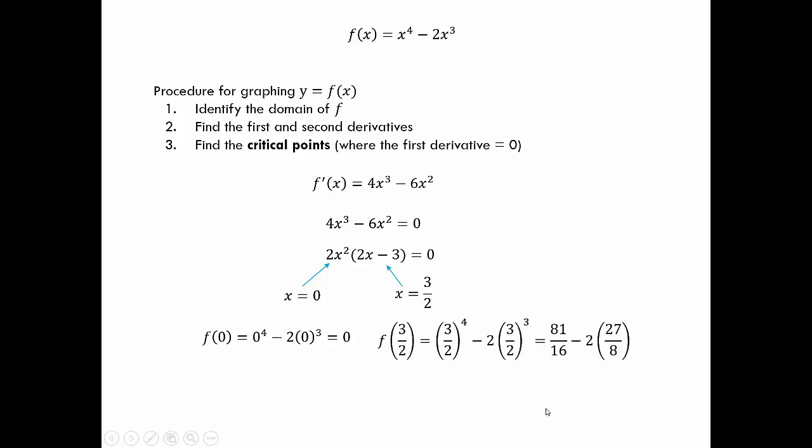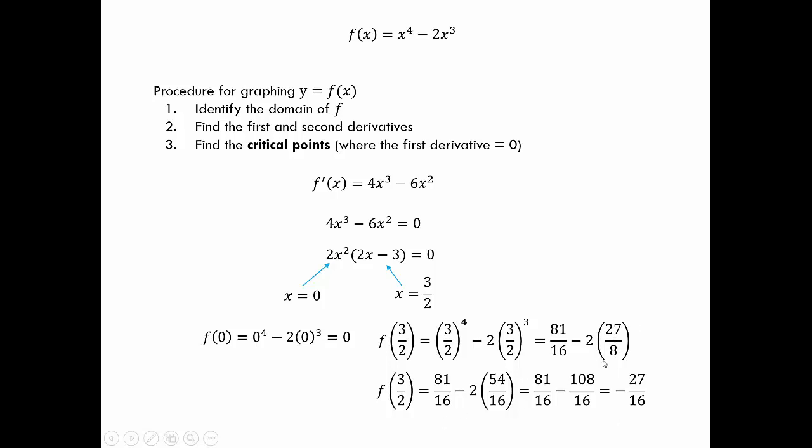I want the y value, so I plug it all in and go through all the steps. All I'm doing here is showing you how I get least common denominators and all that good stuff. So I did 3 halves to the fourth power, which is 81 over 16. I did 3 halves to the third power, which is 27 over 8. Then just continuing along, I multiplied some of this out and got common denominators.